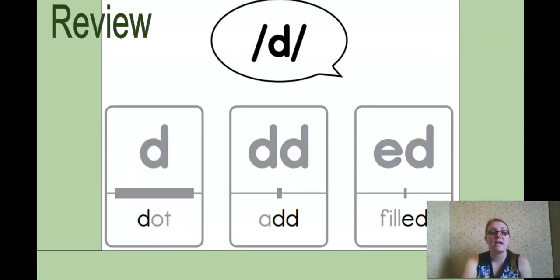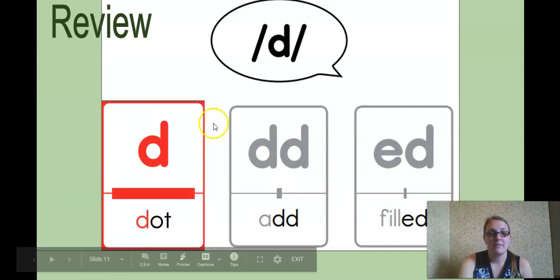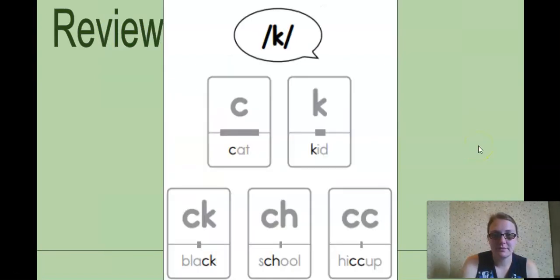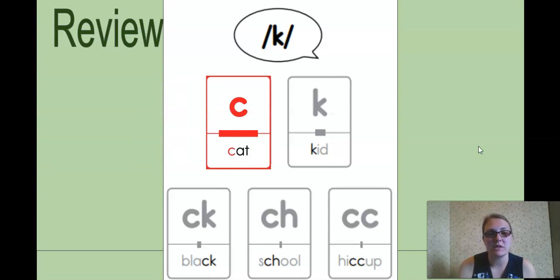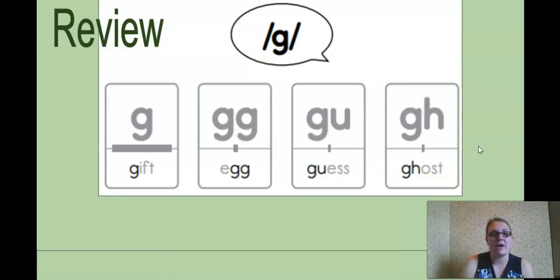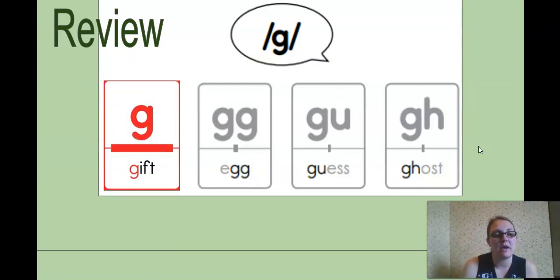When we hear the sound D, we know that most of the time it will be a single letter D, as in the word dot. For the sound K, we know that one of the more common ways to spell it is with the letter C, like in cat. For the sound G, like in gift, we know that the most common way to spell it is the single letter G.